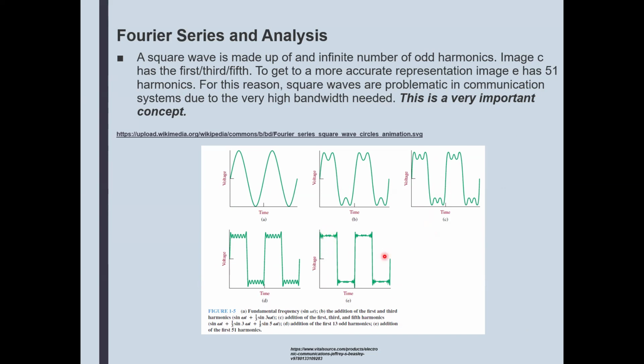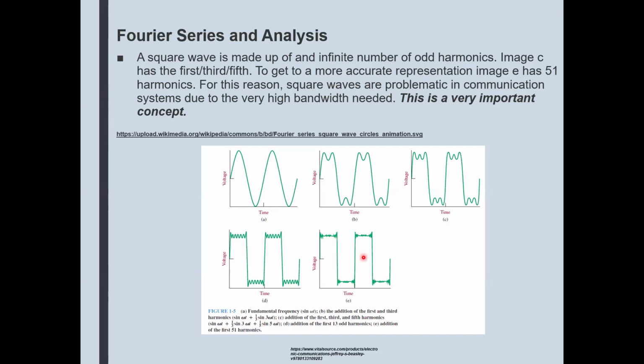It has to have a huge bandwidth in order to get those, see, up to 51 harmonics. Those have to be able to get through and register in that waveform. So square waves do require a lot of bandwidth, a lot of high frequency content present in order to make things nice and sharp like this.